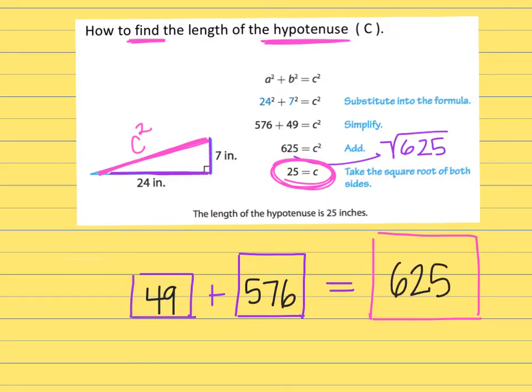totaled up to 625. Now, if you're not sure where the little numbers are coming from or why they make sense, 49 was because you did 7 times 7. 576 was because it was 24 times 24.